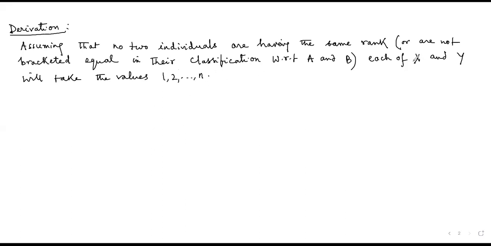I'm going to calculate the mean of this set of values first of all. First, the mean of the random variable, X bar. You know that it would be equal to 1 plus 2 plus 3 plus dot dot dot plus n, divided by the total number of individuals. This is an arithmetic progression series, and its sum is n into n plus 1 by 2, and the n cancels. So the mean of the random variable X, which are actually the ranks, is n plus 1 by 2.